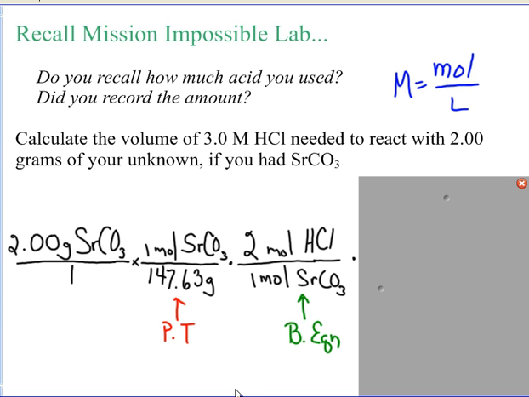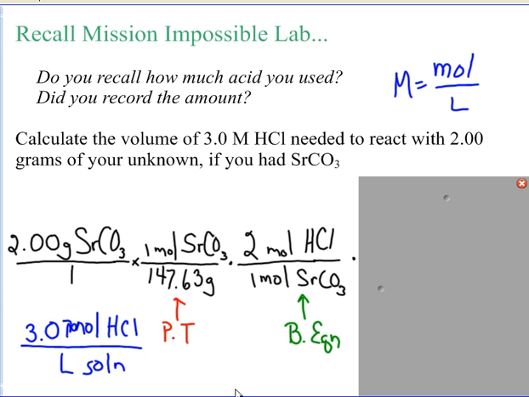But I suggest that another way is if you think about 3.0 molar and write it this way. 3.0 molar means 3.0 moles of HCl. Oh, that's in the numerator, isn't it? Per liter of solution.